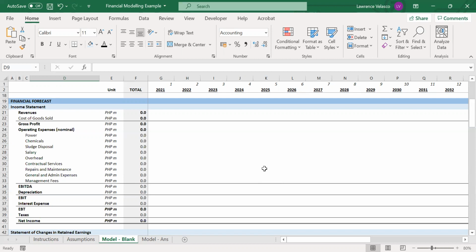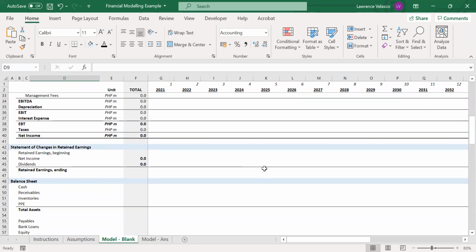After you arrive at net income, what is the next step? Punta ka na sa statement of changes in retained earnings. The objective here is to compute the RE ending. Okay? So meron kang RE beginning, meron ka ng net income. So dadalhin mo lang siya doon. Right? Wala ka pang dividends, pero later meron tayong connection mamaya on how to compute the dividends, and then you can compute the retained earnings ending.